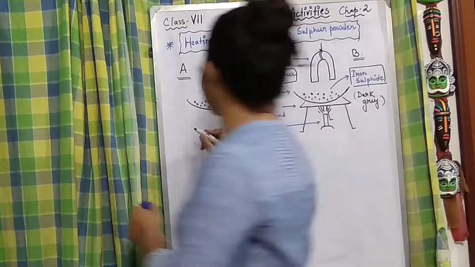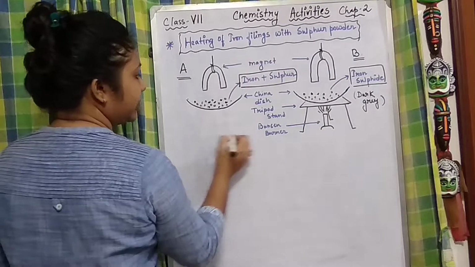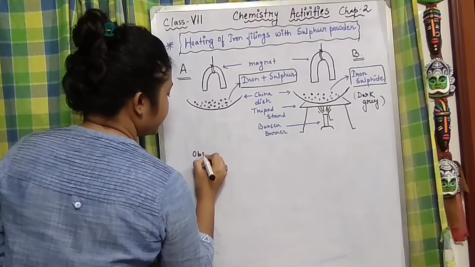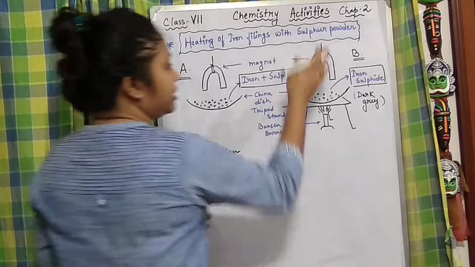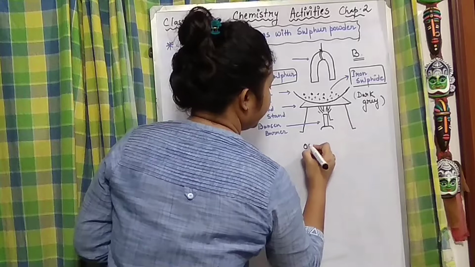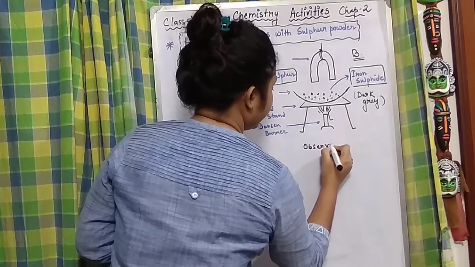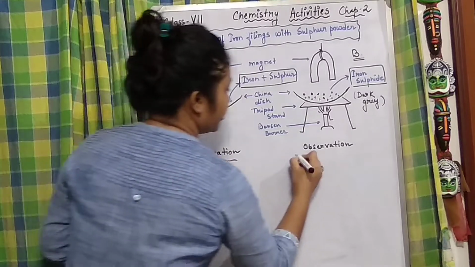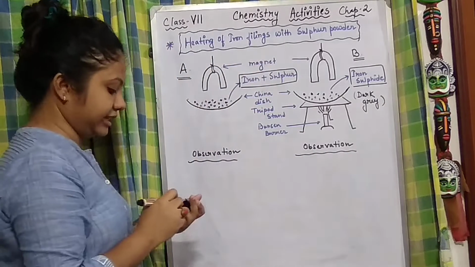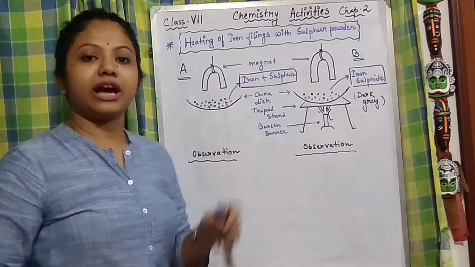Here there is set A. We will do the experiment and see the observation. Now in set B there will be another experiment, and we'll see the observation and write it down.